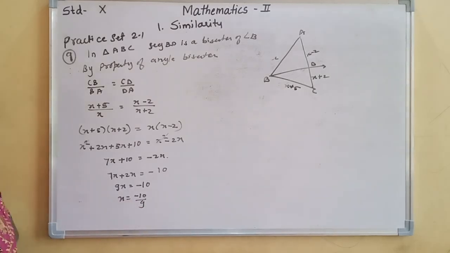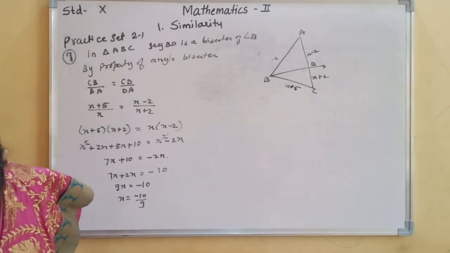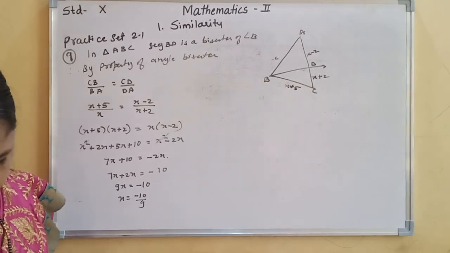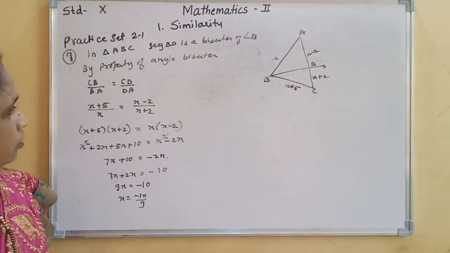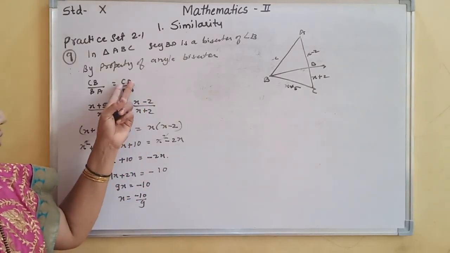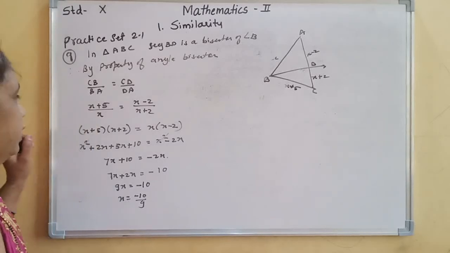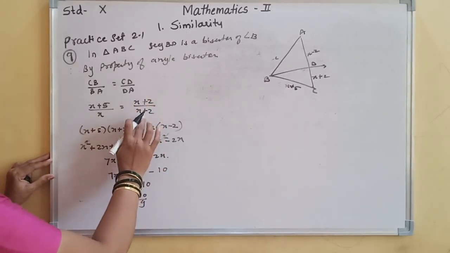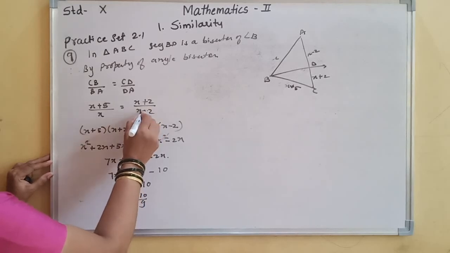Here have I taken the values wrong? X plus 5, x plus 2 and x minus 2. Here, yes, CD is x plus 2 and DA is x minus 2.